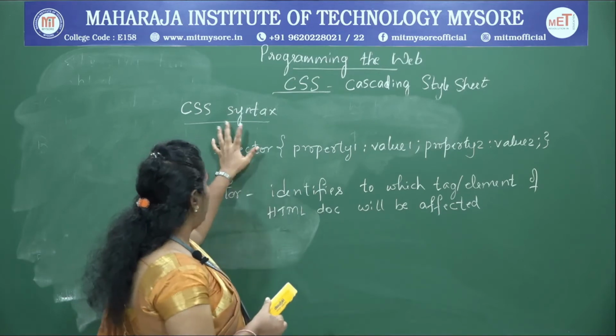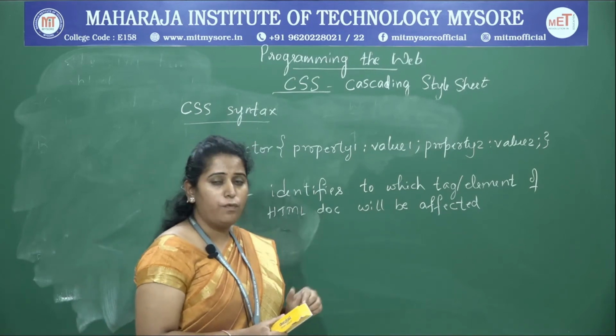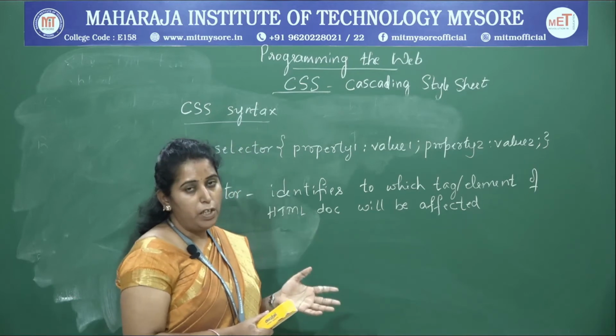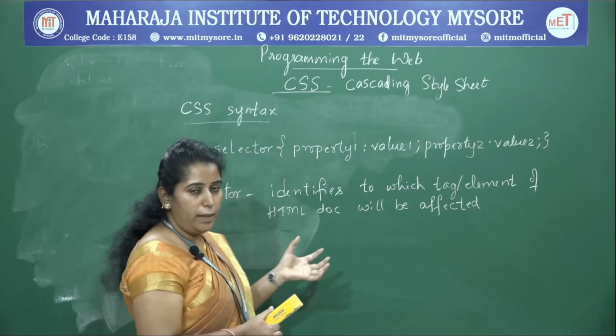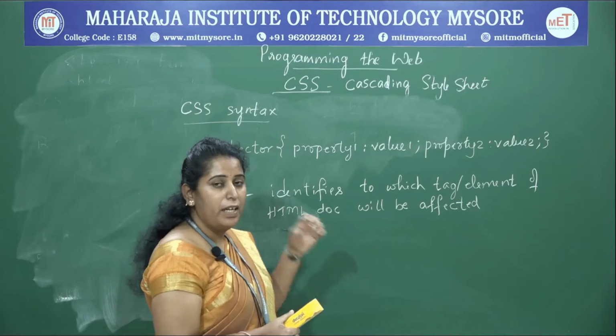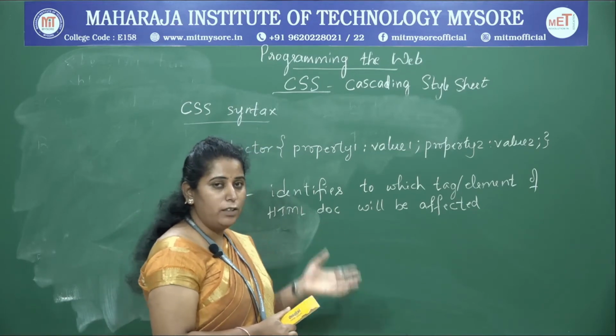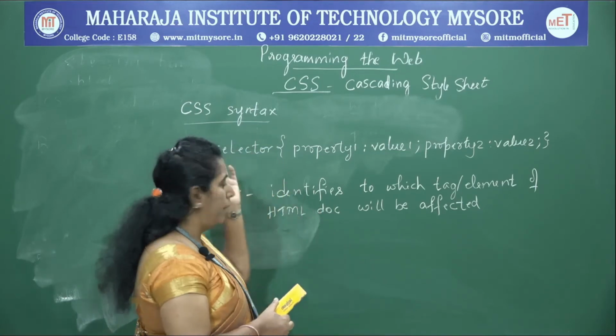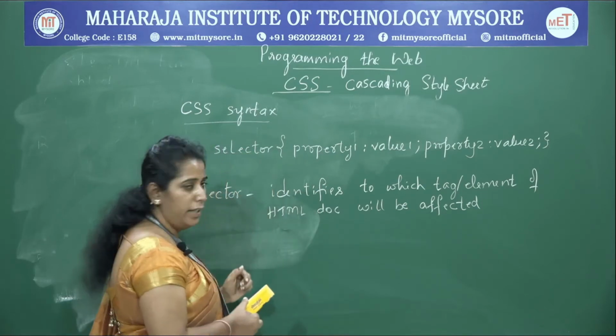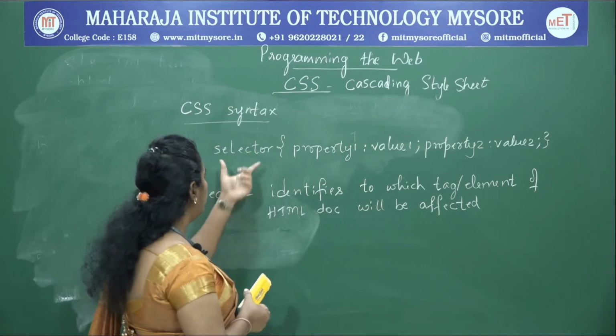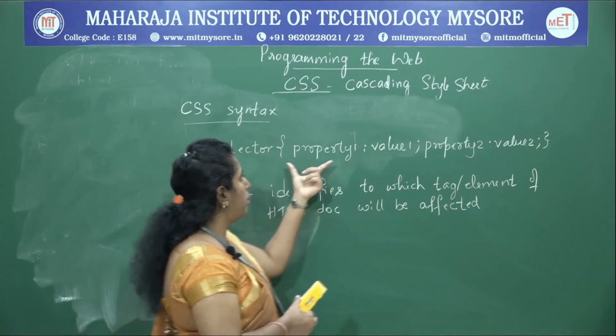CSS syntax consists of one or more rules. Whatever rules we are passing, those rules will be applied to a particular tag. By taking an example, you will get to know. This is about selector. Next is property.